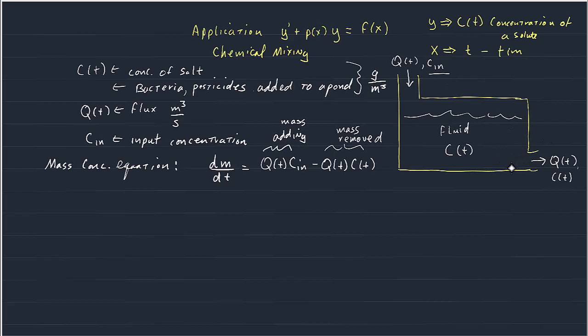And so this is a differential equation involving mass and flux, but let's convert this mass to a concentration. So the concentration as a function of time is equal to the mass per unit volume, and that's the volume of our bath here.